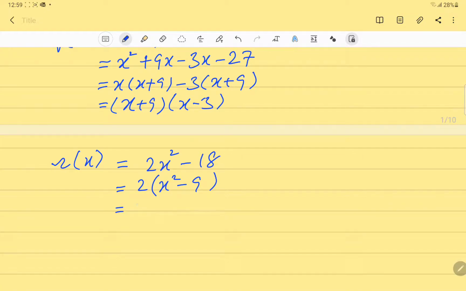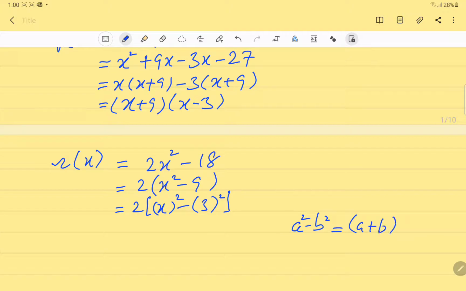First of all, let us write it like this: 2 into x squared minus 3 squared. Since there is a difference of two squares, there is a formula, which is a squared minus b squared is equal to a plus b into a minus b.